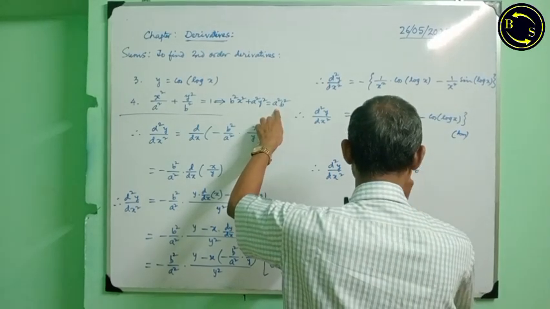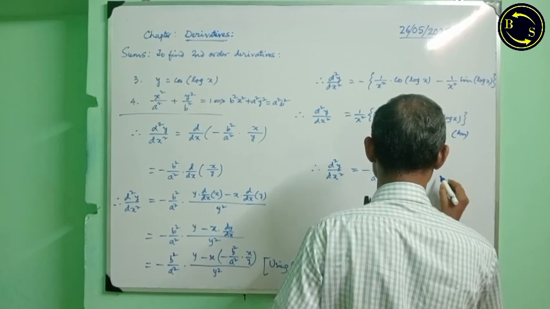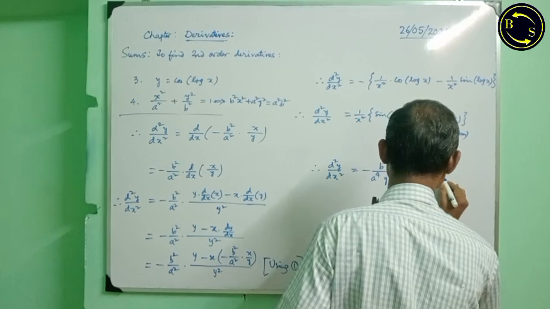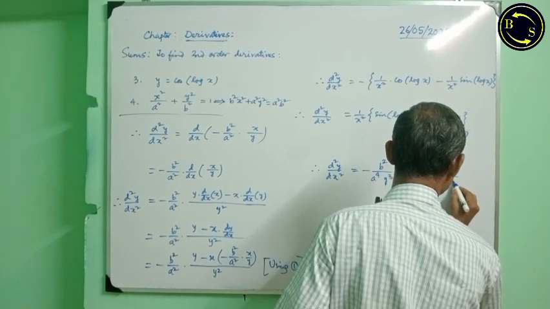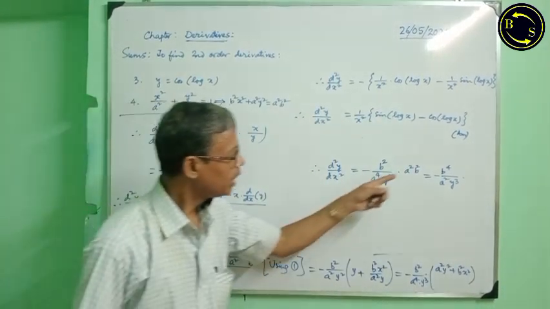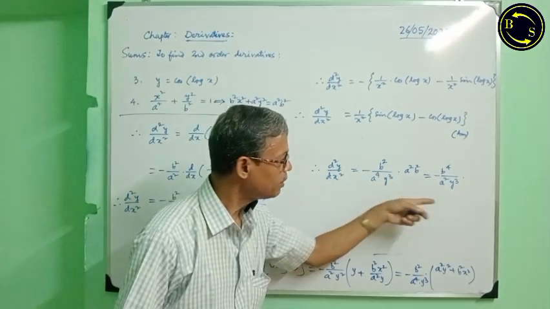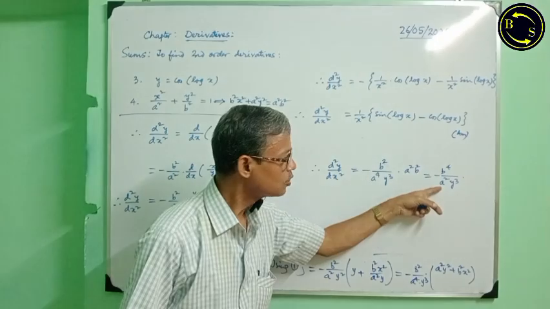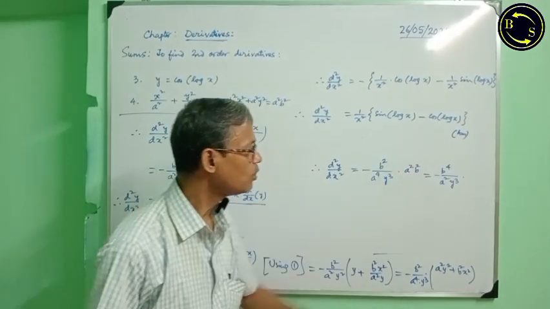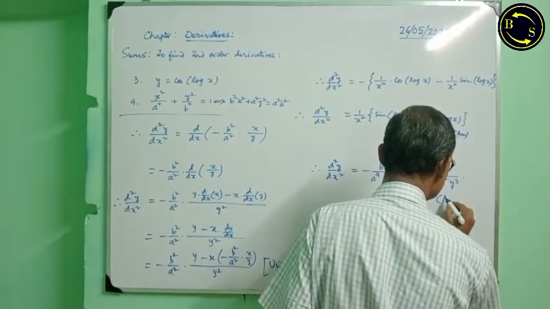Sorry, this is b squared. A squared at the numerator, a to the power 4 at the denominator. Therefore, after simplification, minus a squared, minus in front, a squared at the denominator, then b to the power 4 by a squared y cubed. That is the answer.